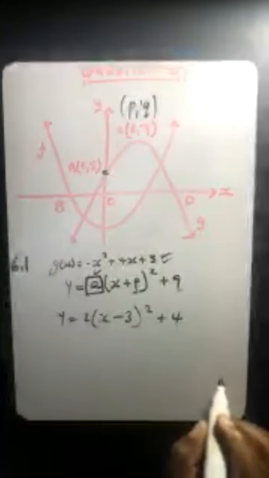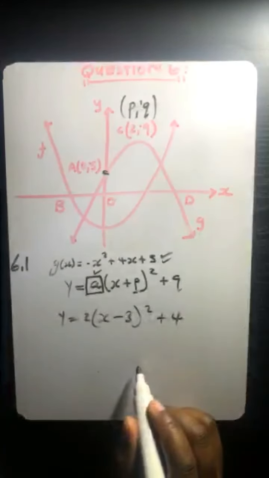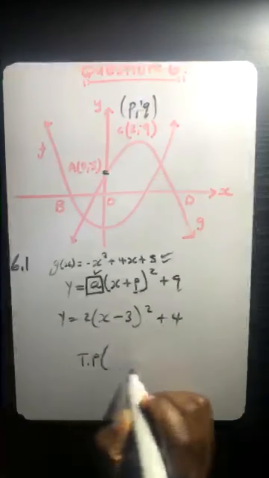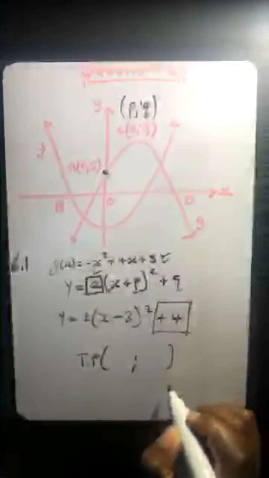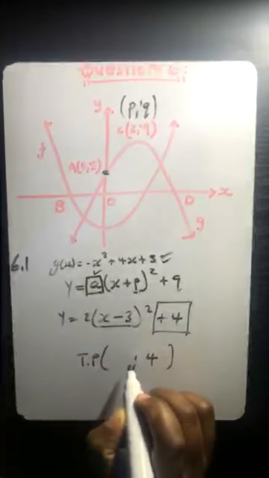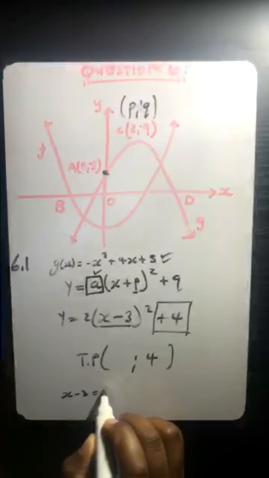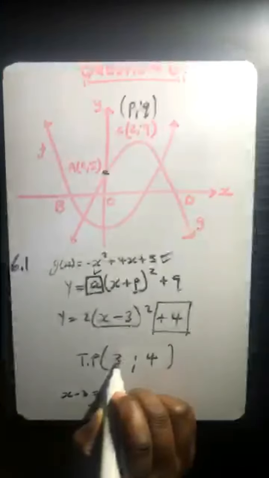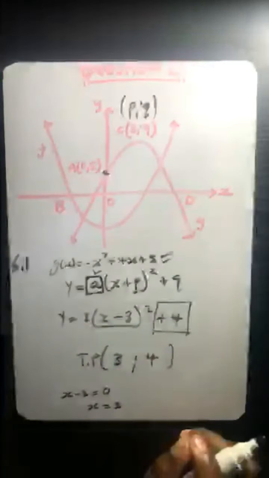So if they say, given that as an equation, what are the values of the turning points? You remember, you say TP, you take this one exactly as it is, being positive 4. But this one, you need to equate it to 0 and say x minus 3 is equals to 0, then x is equals to positive 3, meaning the turning point is positive 3. You take it with the opposite sign.